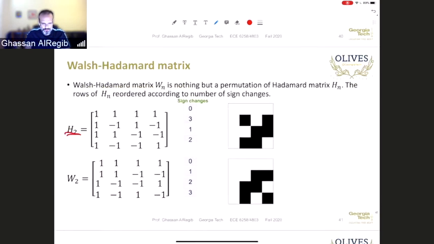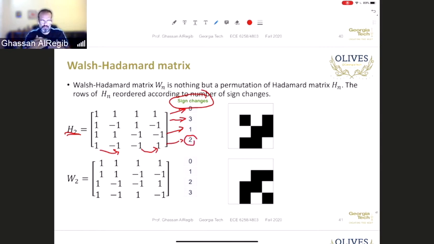And then what I do is reorder the rows based on the number of sign changes. So the first row has 0 sign changes. The second row has 3 of them. I go from 1 to negative 1, negative 1 to 1, 1 to negative 1 again. The third row has only 1 sign change. The fourth row goes from 1 to negative 1, that's 1, and then the next one from here to here, so you have 2 sign changes. This makes sense?